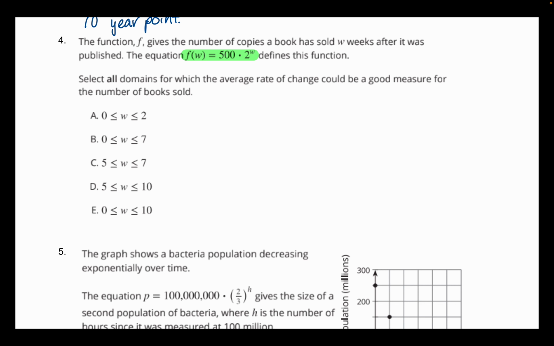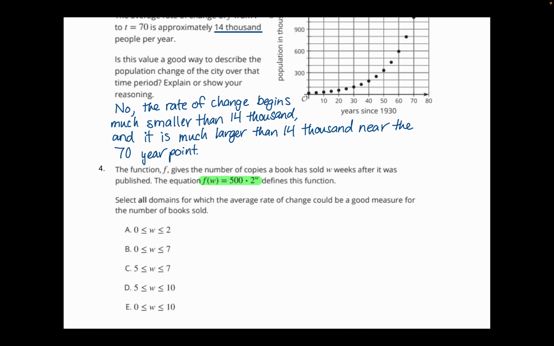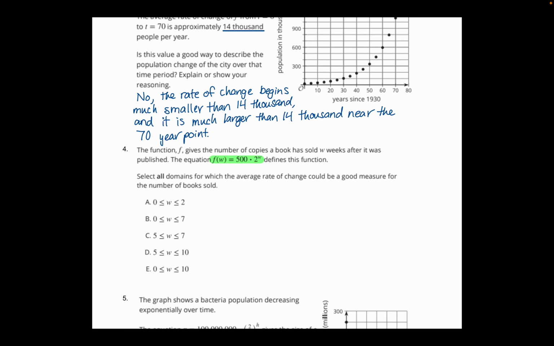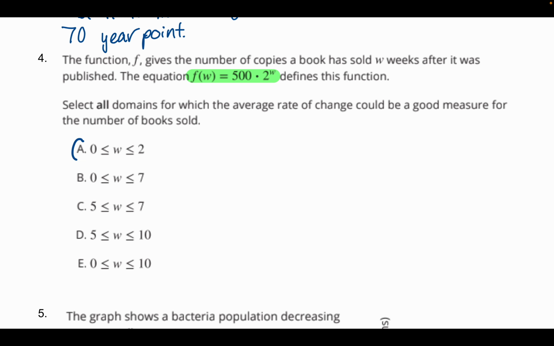So we want probably smaller ranges. So just like how in the last question, it went over a 70-year period, that's a really long time and it was really inaccurate. So we would choose spans that are much smaller in size. So I would say that A works because this is 2 weeks, right?